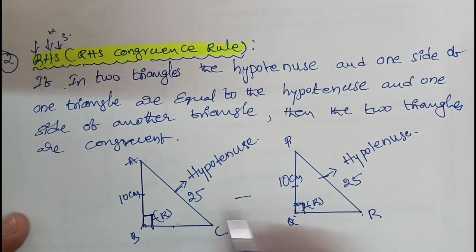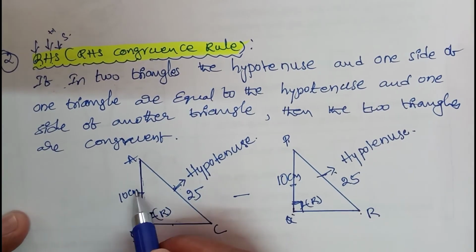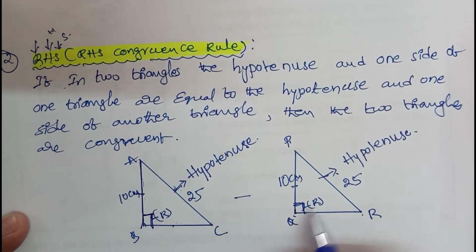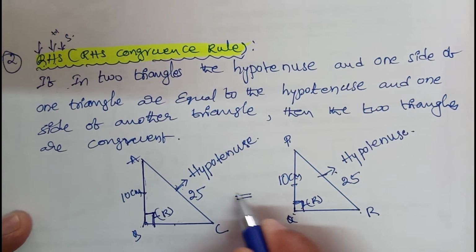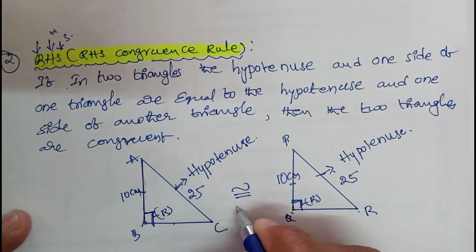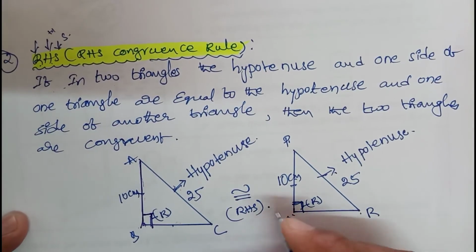So now we can observe from these two triangles, hypotenuses are equal, sides are equal, and both are right angle triangles. Therefore these two triangles are congruent by the RHS rule of congruency.